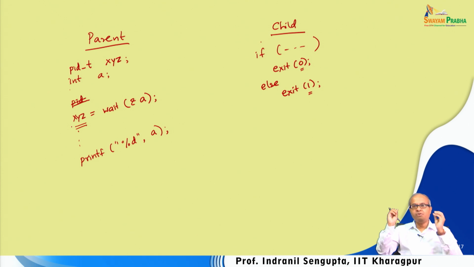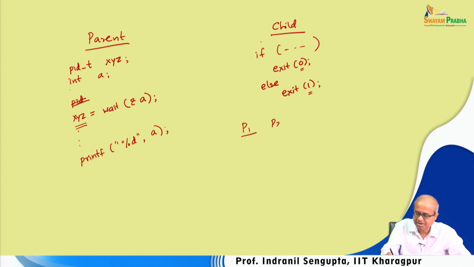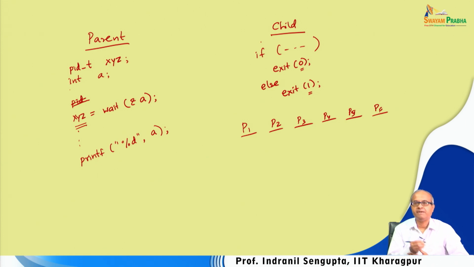But one thing you now try to understand, which we will be discussing in the next module, is that in general the system can contain a number of processes, because any of these processes can invoke fork and create new processes. There can be many processes running in the system, doing something.